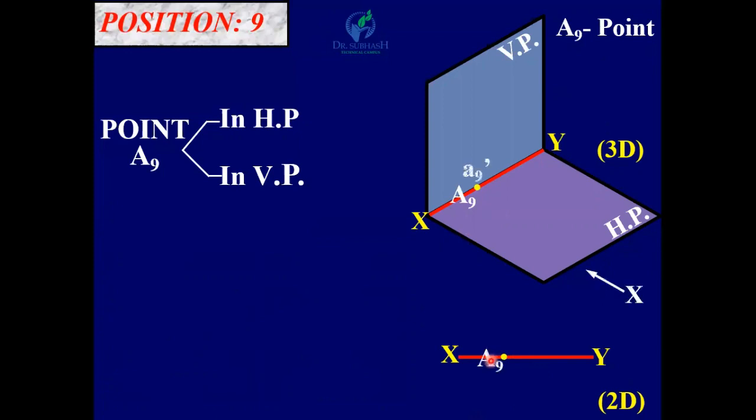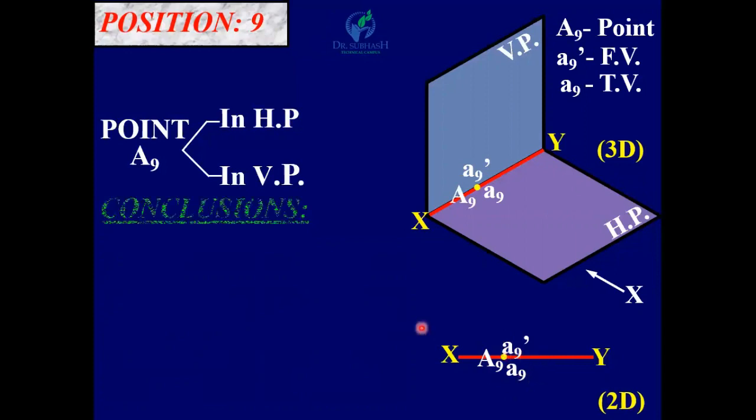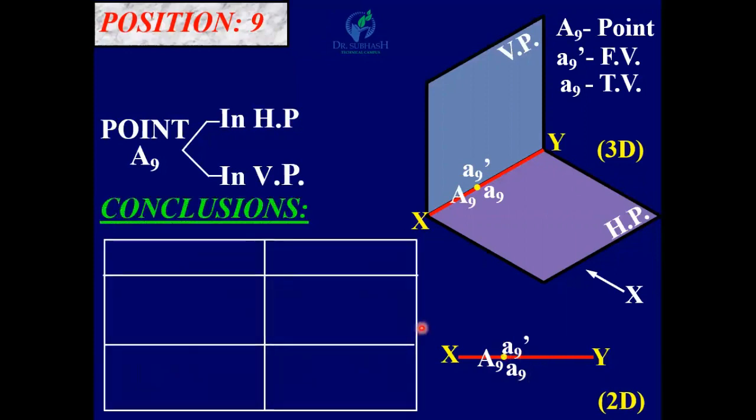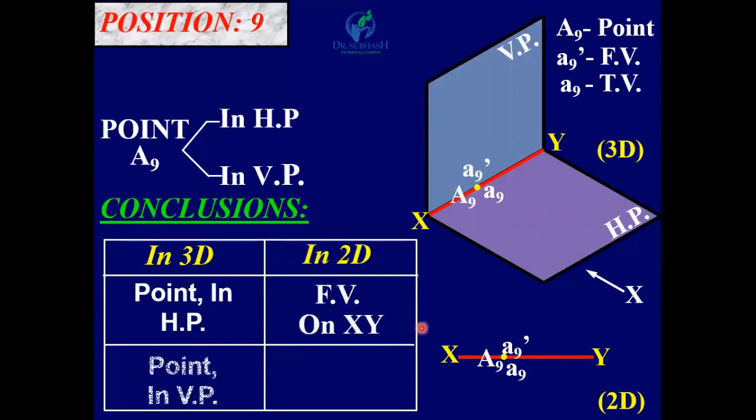Now for front view, A9 dash is also on XY line, and for top view, A9 is also on XY line. So when the point is on HP and VP, on both the planes, then its front view and top view, both the views are on XY line, including the original point. Okay, so conclusion, point in HP, front view on XY, point in VP, top view on XY.